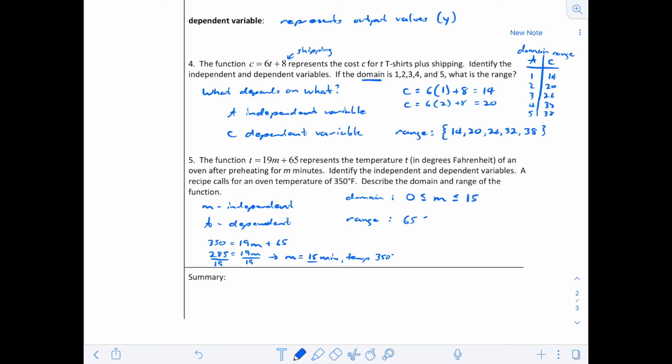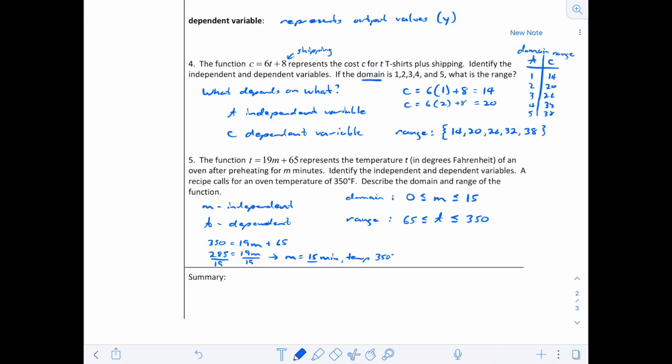That's going to be my lowest value in my range. And in this case, we're talking T for temperature. And the highest value, well, we said 15 minutes was our highest time, and that relates to the highest temperature of 350 degrees. So our range would be between 65 and 350 degrees.